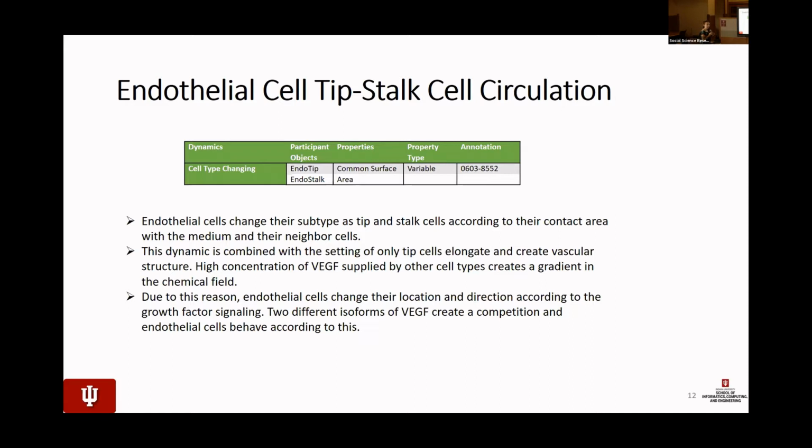So if you can find the common surface between the medium and cell in CompuCell, you can see whether this endothelial cell is inside of the cell blob or at the edge of the vasculature. And if it's at the edge, then it can elongate and try to make a vasculature formation.